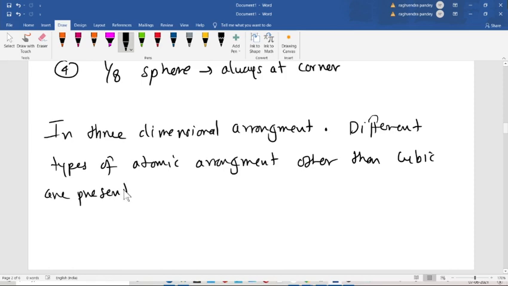They are called different types of lattices.